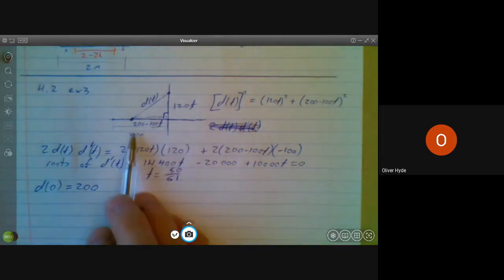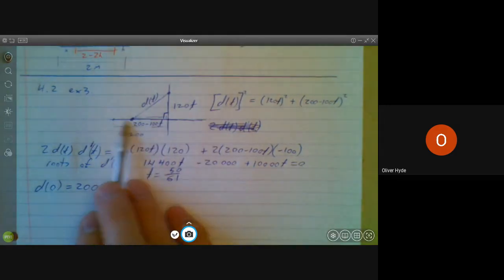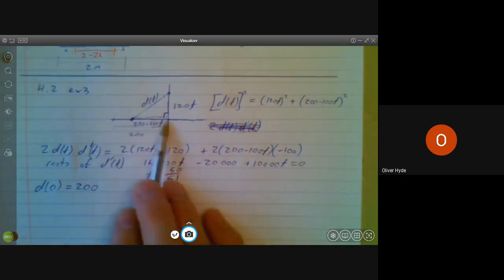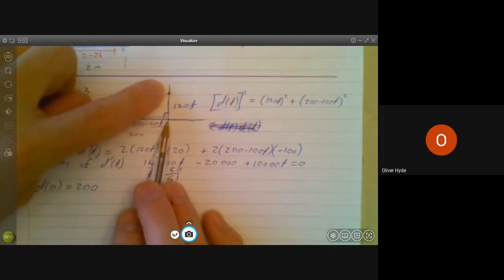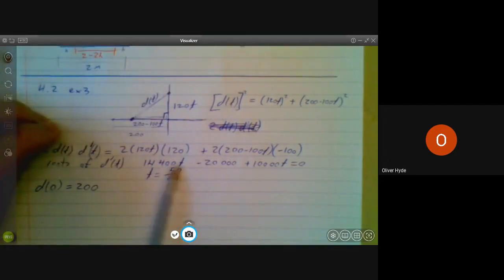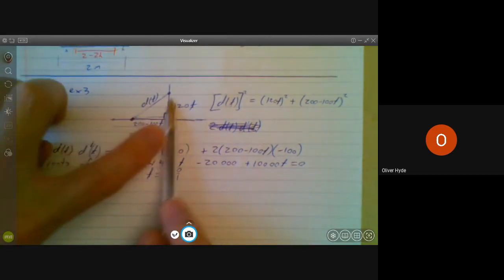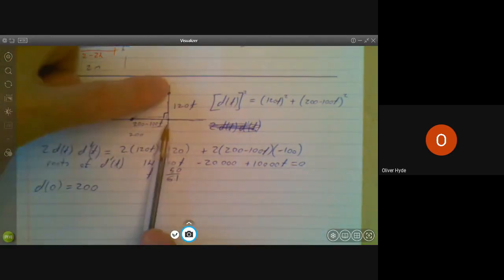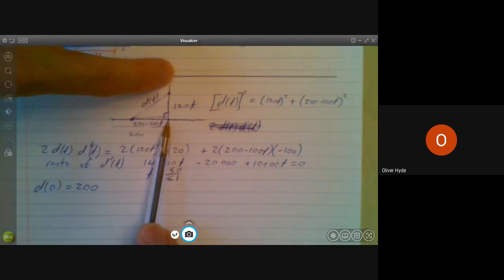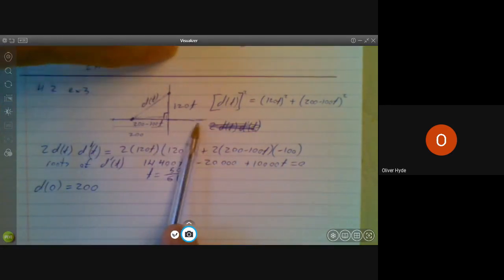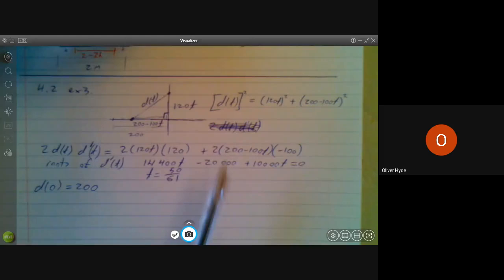What about the other extreme? The other extreme, I suppose, would happen at the end of 2 hours. It may not be completely obvious to us that this time of 50/61 actually does give us the time when they're closest together. But I hope that we would trust the fact that when this eastbound car reaches the intersection and the northbound car is up here, that any time after that, their distance will just be growing.